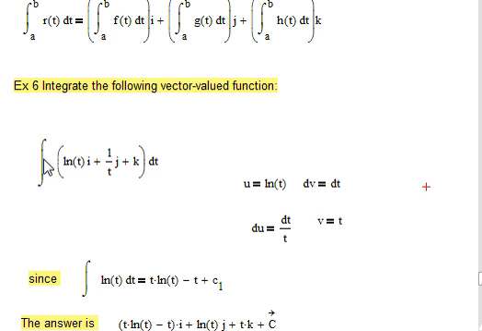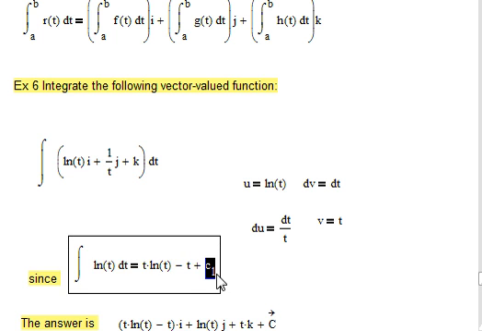And so when you integrate u dv, which is integrating ln of t, you get uv, that's t times ln of t, minus the integral of v du, well, that's just the integral of dt, because this t and this t would cancel out. So the integral of dt is just t. The negative sign is from the formula for integration by parts, and then plus some arbitrary constant.